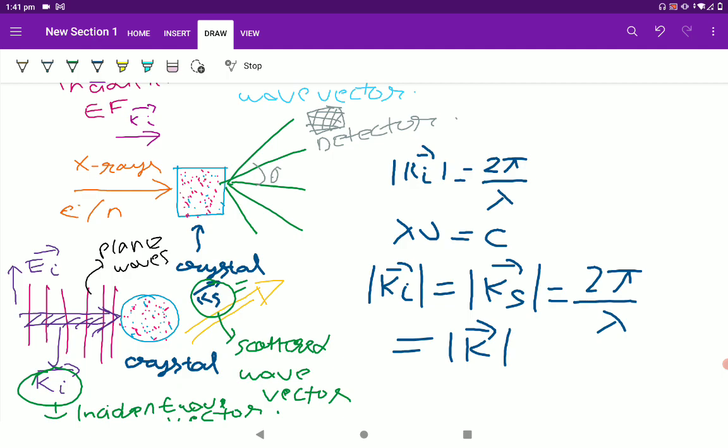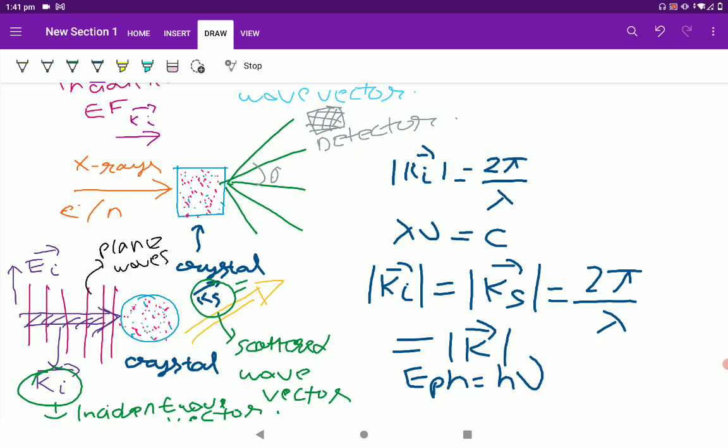So if you think of the electromagnetic wave from the quantum point of view, we know that the energy of the waves is made of small packets of energy called photons, which is given by the equation E of photon is equal to Planck's constant multiplied by frequency. So elastic scattering means the wavelength doesn't change, the frequency doesn't change, so the energy of the photon does not change.